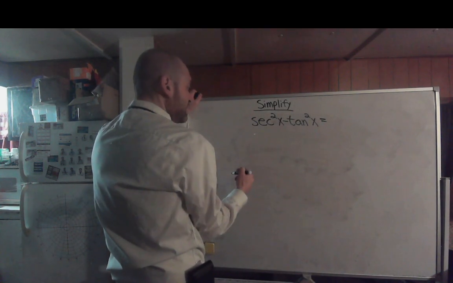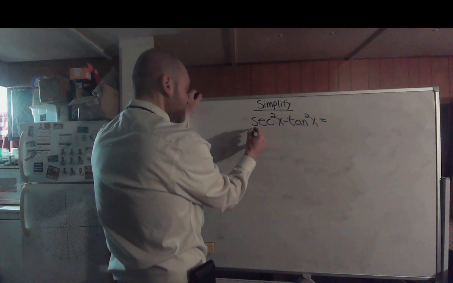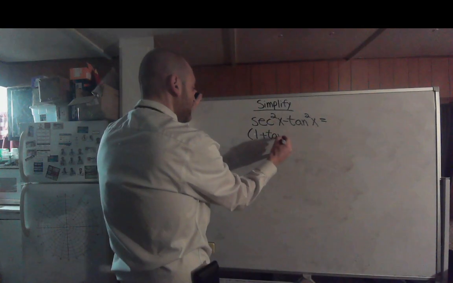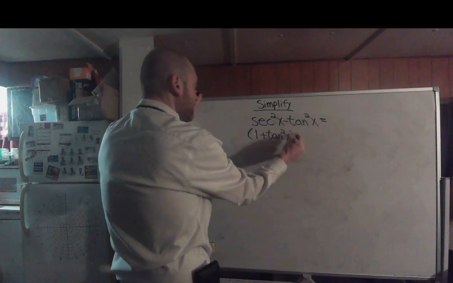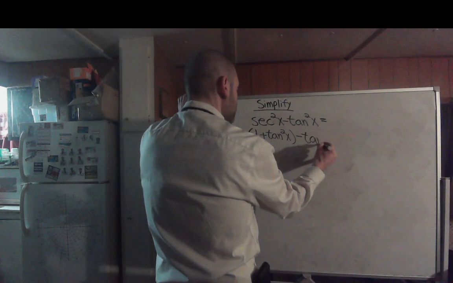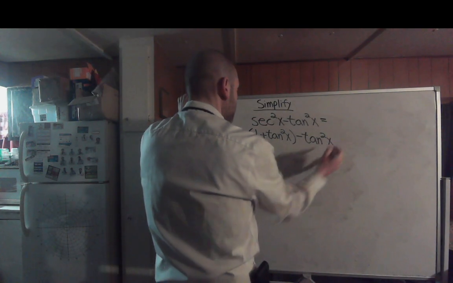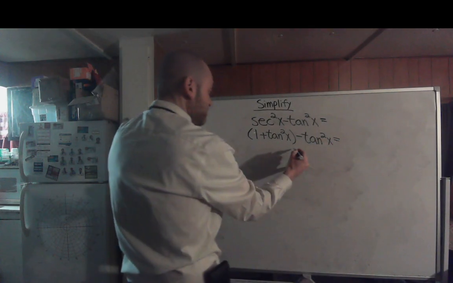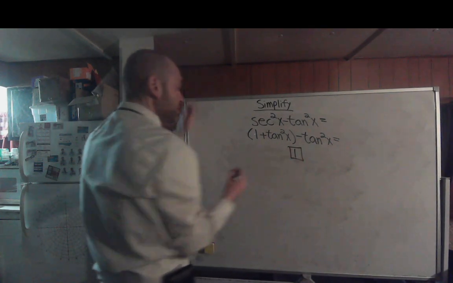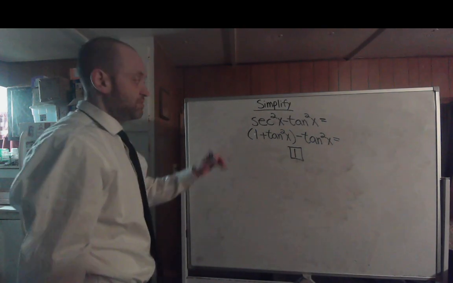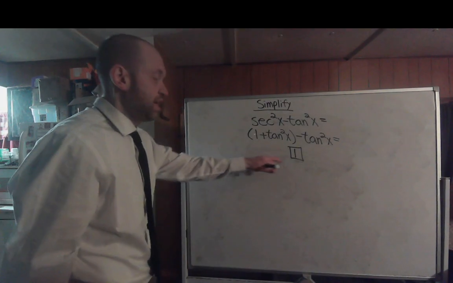So we know the secant squared of x is still going to be 1 plus the tangent squared of x. Well, never mind, I answered my own question. 1 plus tangent squared of x minus the tangent squared of x, your tangents are gone, you're just left with 1. So there, you got an answer of 1, and actually this is a very important one to work backwards with. You just get an answer of 1.